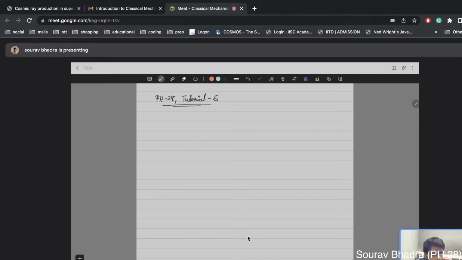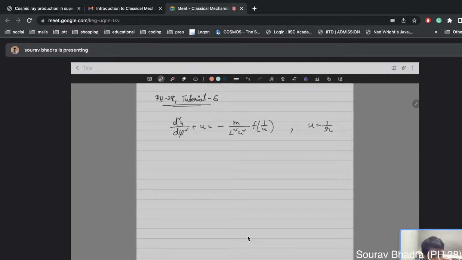In the previous class I have already shown you that you can write the equation of a particle moving in the central force field in this way: d2u/dphi square plus u is equal to minus m by L square u square f of 1 by u, where we have assumed that u is actually 1 by r.